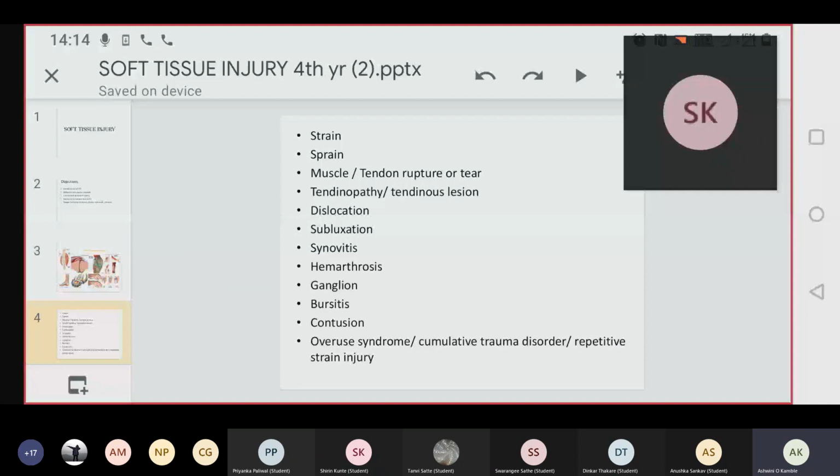If the synovium is affected, if it is getting inflamed, it is called tenovaginitis. Or there could be inflammation of the tendon itself, that is tendinopathy, or it could be not due to trauma, it could be degenerative changes. So these are the different kinds of injury that can take place in a tendon.